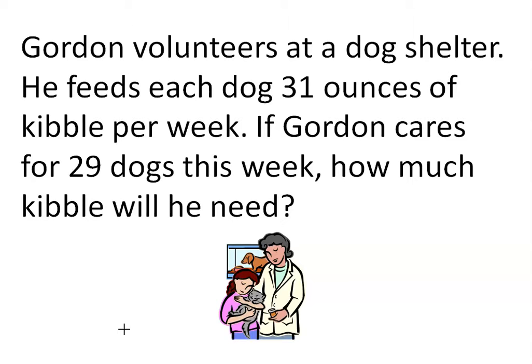Now, kibble is basically the dog food, just the little pieces they call kibble. So I'm going to read it again, and I'm going to highlight that important information. Gordon volunteers at a dog shelter. He feeds each dog, very important word there, each dog 31 ounces of kibble per week.